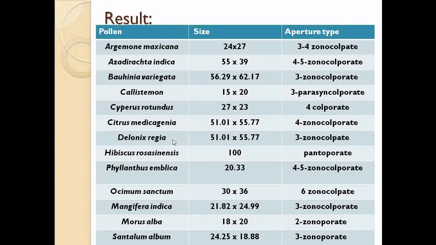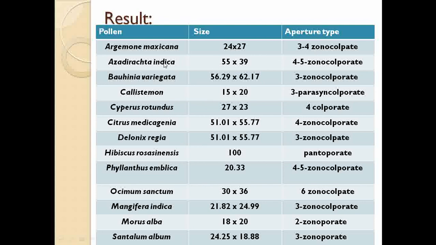Then see that this is our observation table. Under the observation table, we have to take the first column, in which we list the pollens from the flower, then the size of the pollen grain in micrometer, then the aperture type. See here, in Argemone mexicana, the size is 24 into 27 and the aperture is 3 to 4 zonocolpate.